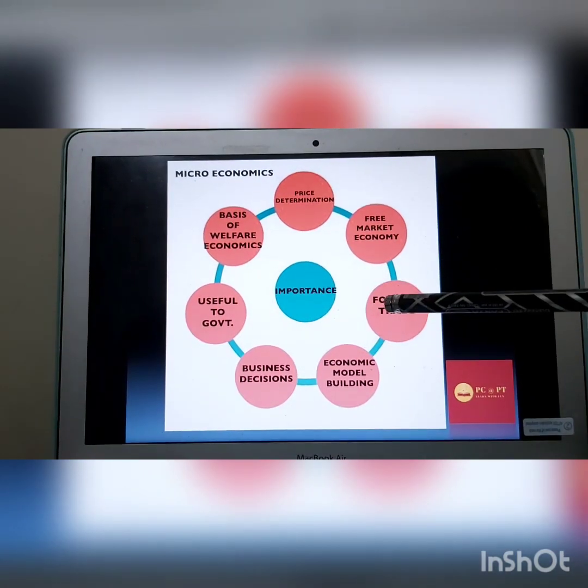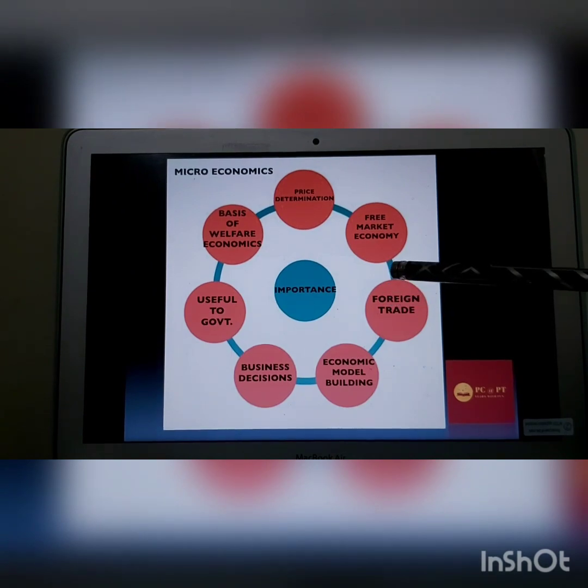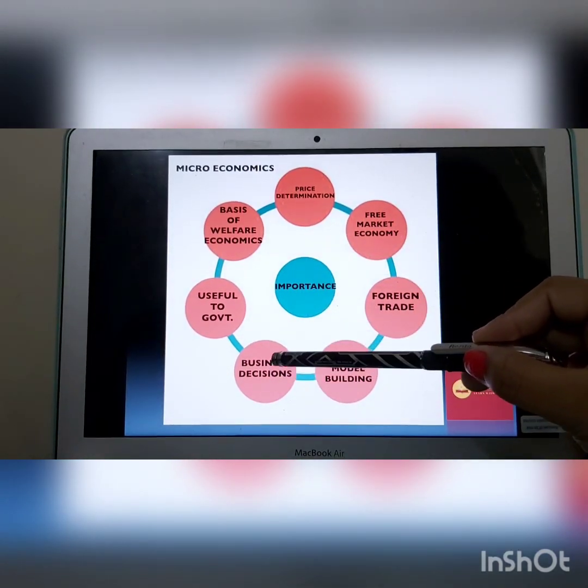Next are business decisions. Now these are related to cost of production, how to reduce it.